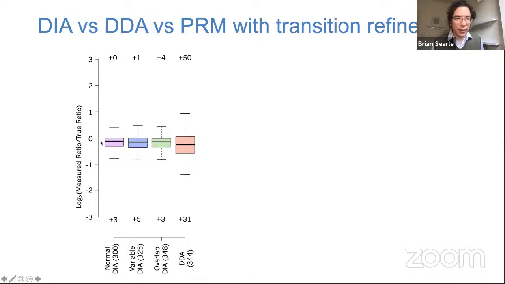And one of the things that we find is that more of the time, the DIA-based methods identify about the same number of peptides in this particular case, but they quantify much more accurately. So we get a ratio of what we measured versus what we expected to be as close to 1-to-1 as possible, whereas there's a little bit more scatter with the DDA measurement.